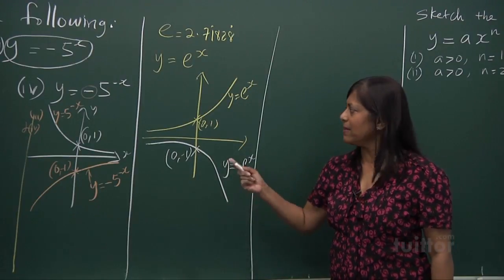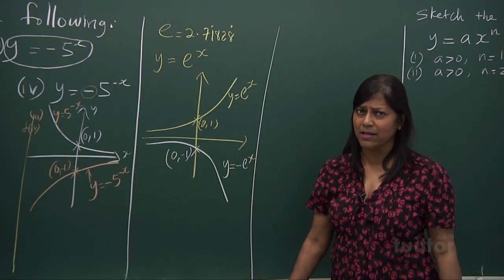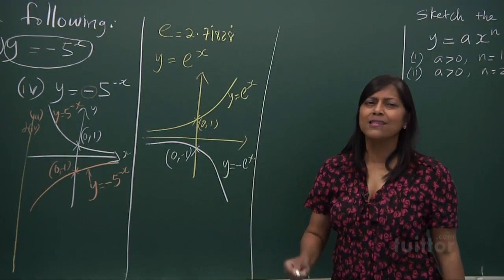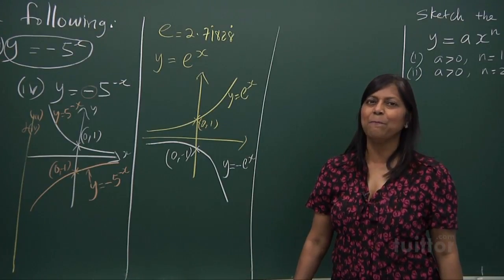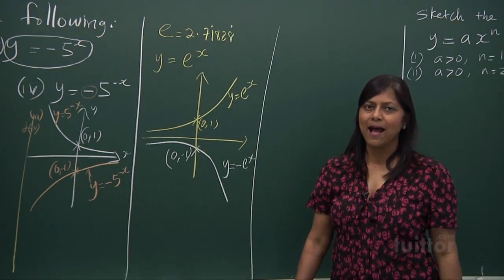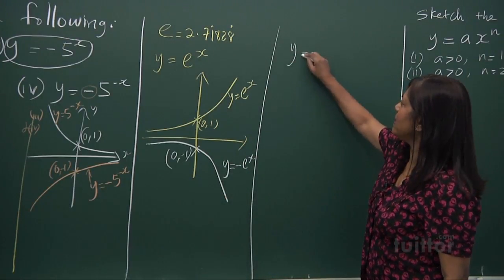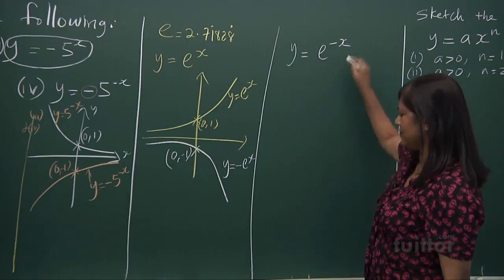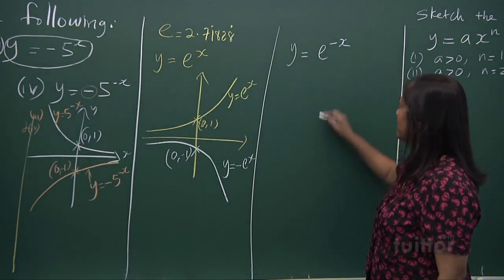This is additional information, but for those who don't study further mathematics, it's good to know more. The more you know, the better it is. Enlarge on your knowledge. Now if y is equal to e to the power of minus x, what's the shape of this graph going to be?